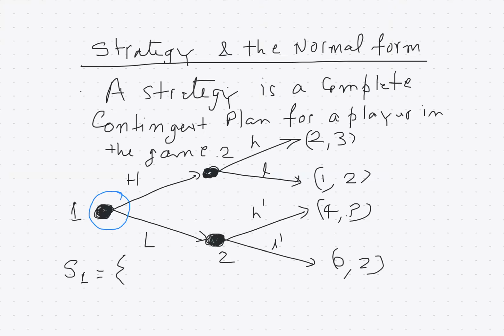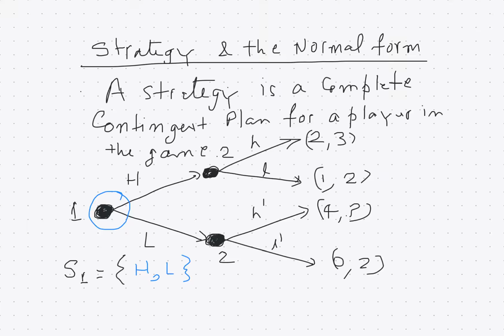This is the information set that belongs to player one. So player one has two actions to play the game: either choose high price or low price. So that's the strategy set for player one, high and low.